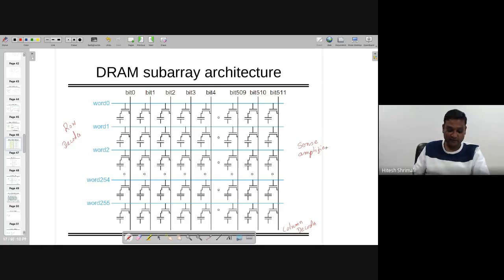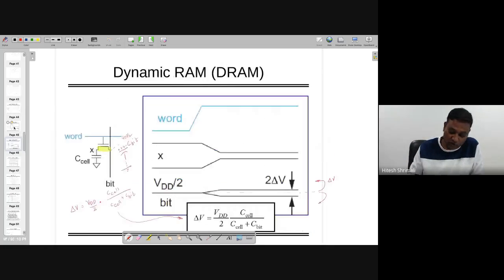It's a part of, maybe after 2 or 3 slides, that the sense amplifier is going to sense this value, whether it's on the plus side or at the minus side, and the sense amplifier will give you digital logic 1 or digital logic 0 at the output. So you need a sense amplifier.